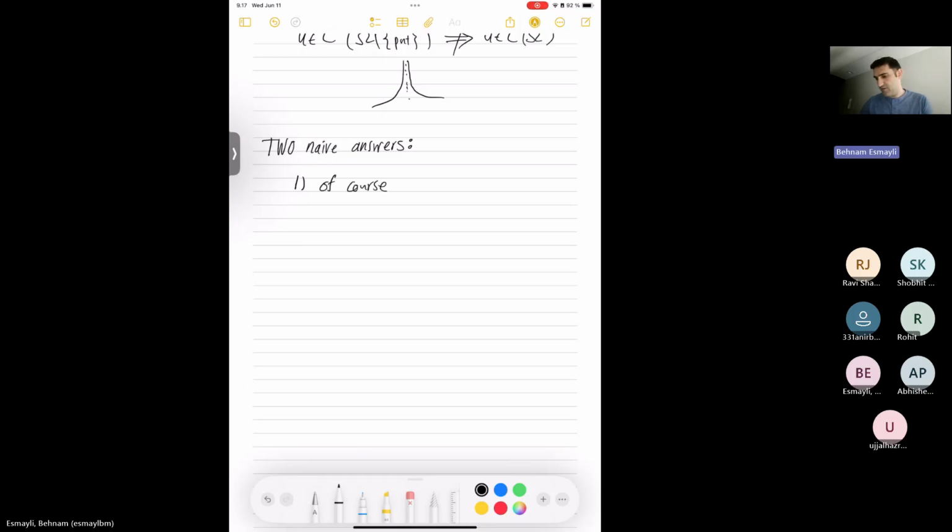The first one is, of course, right? Because if U is, so let me use this symbol to not specify, am I working with H space or W space?